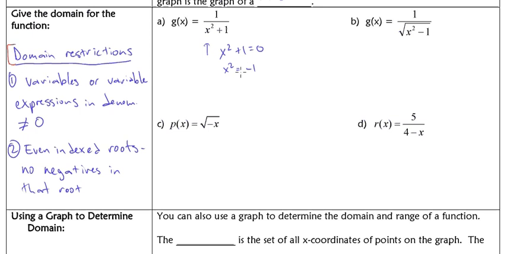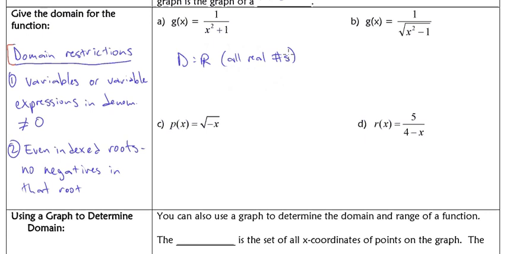And I'm only going to end up with imaginary numbers. So x equals negative and positive i. And those aren't real. And so I have as my domain all real numbers. All right, so that's letter A.